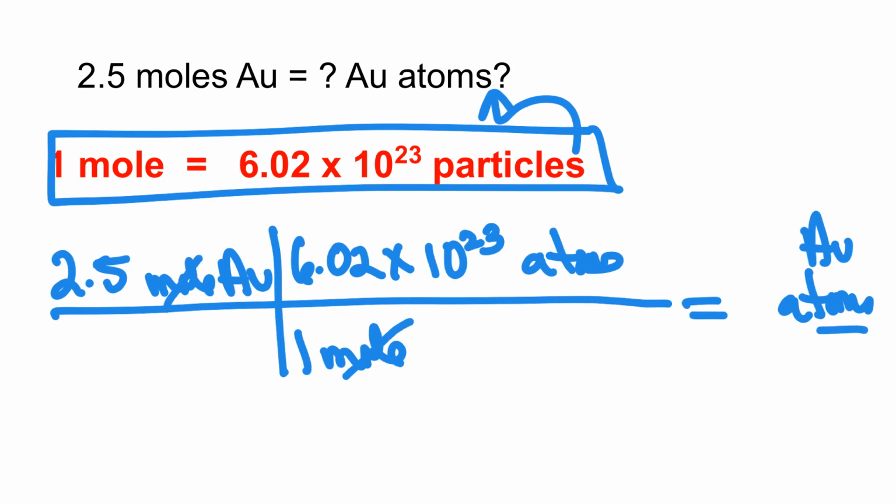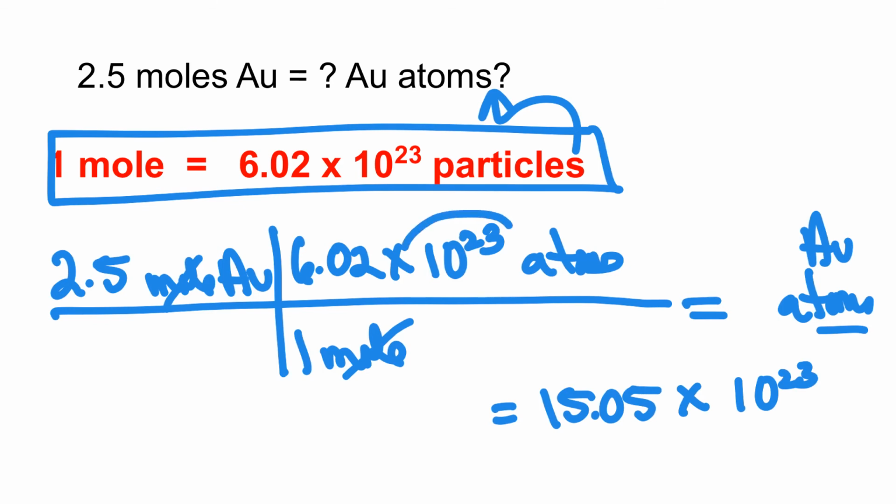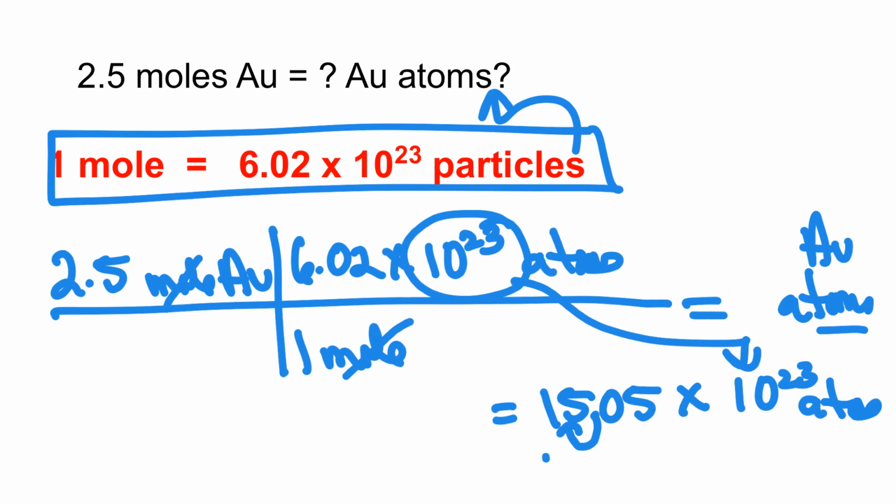So then on my calculator, I would take 2.5 times 6.02, and I would end up getting 15.05 times 10 to the 23. So I just take that exponent and just stick it down here. Atoms. Now, that is not in scientific notation, so I would have to move my decimal over 1.